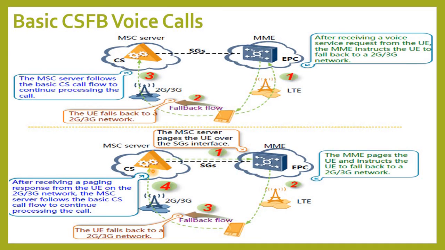Then on receiving that request, the MSC server pages the subscriber over the SGs interface towards the MME. The MME further pages the subscriber over the LTE interface, and once the subscriber replies back to the MME, the MME instructs the UE to fall back to the 2G and 3G network, and thereby the call is handled similar to the normal 2G and 3G call flow.